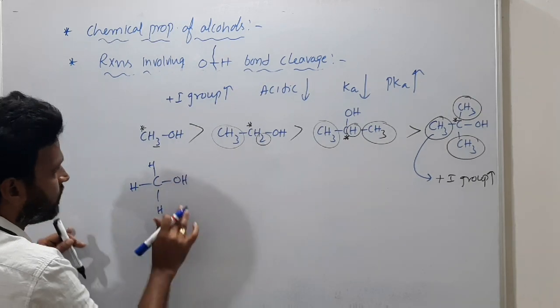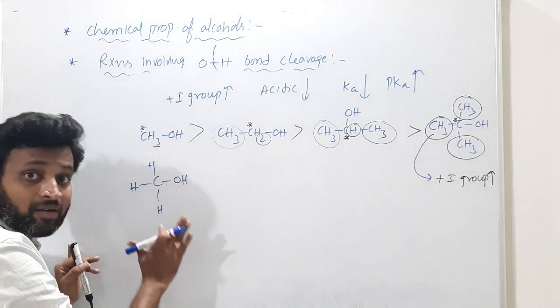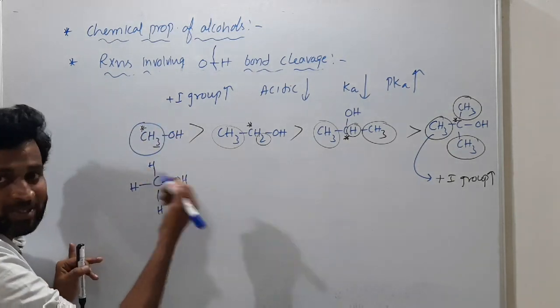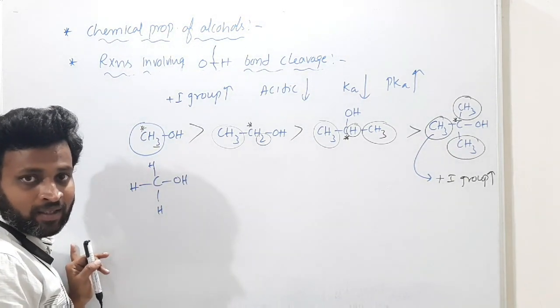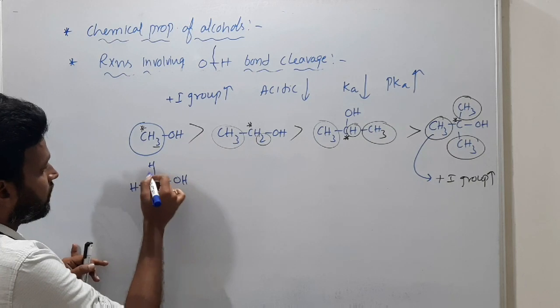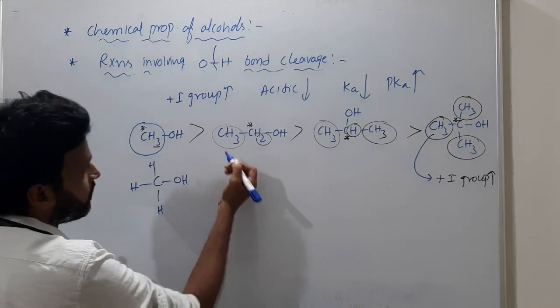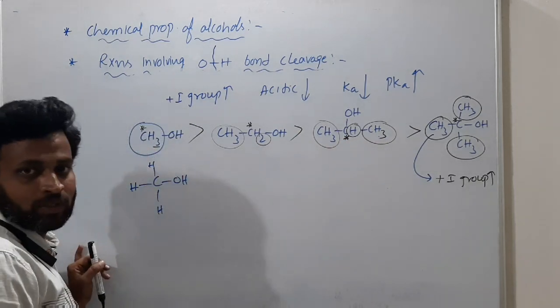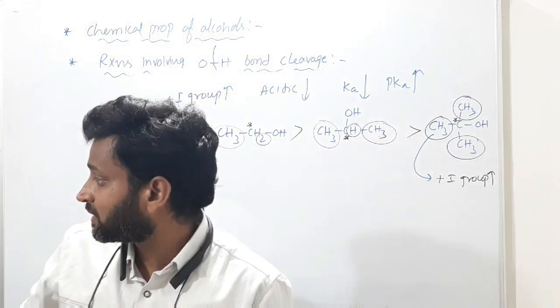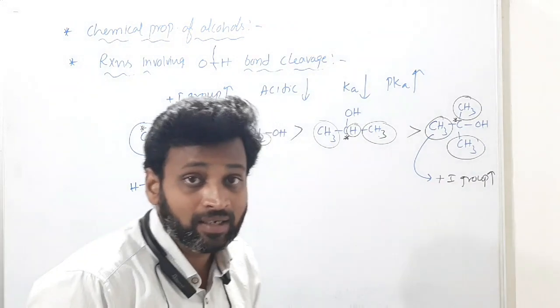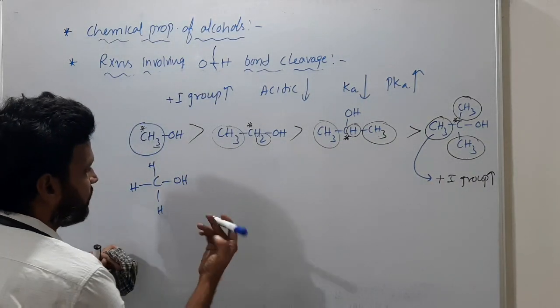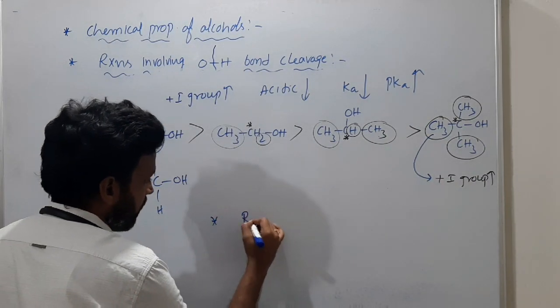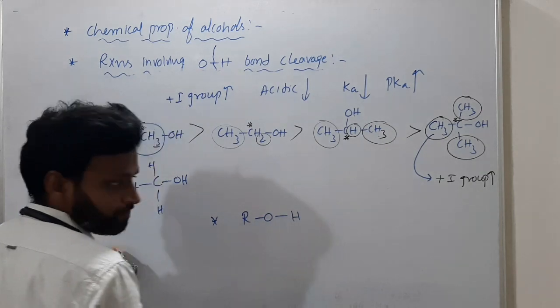Of course, methanol is less acidic even than water because the methyl group is a donor. So here all 3 hydrogens, here 2 hydrogens and 1 methyl, here 1 hydrogen and 2 methyl groups. So as the number of +I groups increases, acidic character decreases.